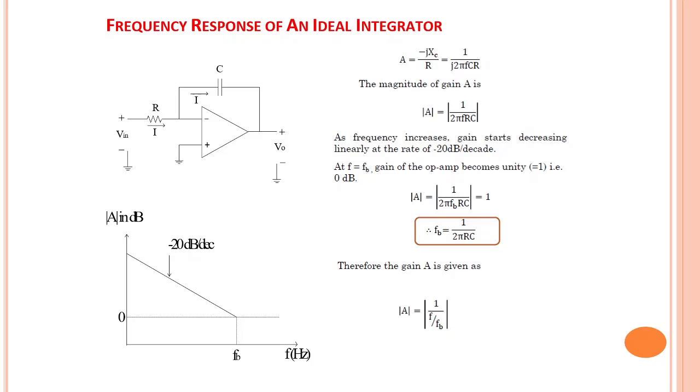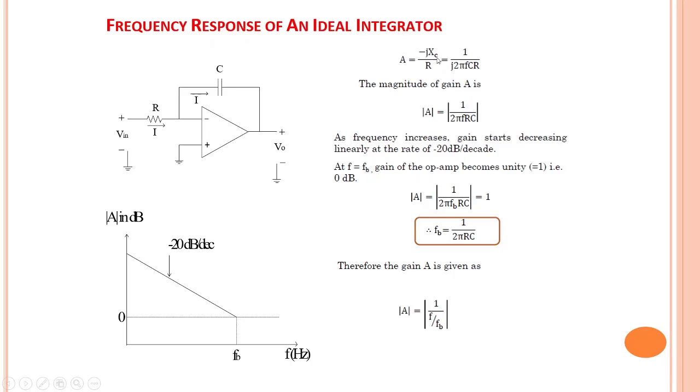The frequency response of such an ideal integrator, this is called the ideal integrator, can be written very easily by writing the gain of this inverting configuration, A equals impedance in feedback divided by impedance in series. Now in feedback there is a capacitor, in series there is a resistance.